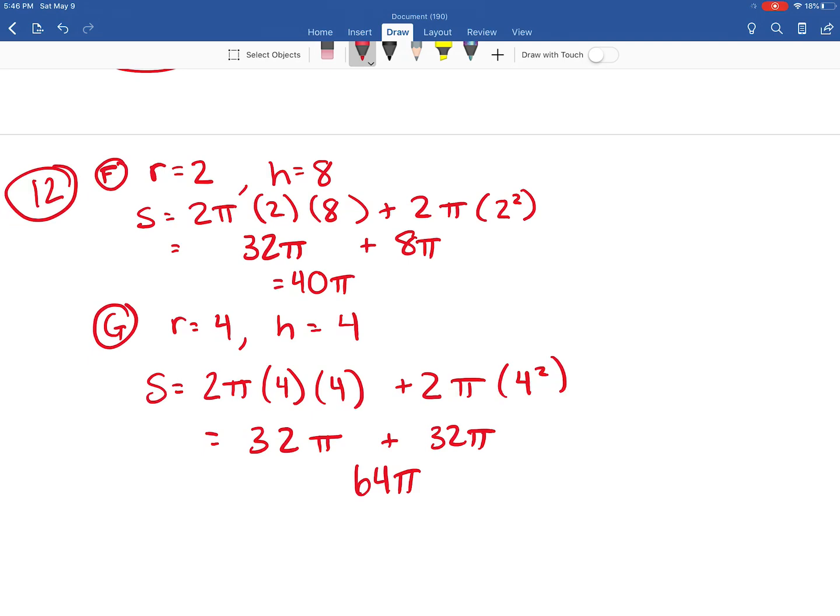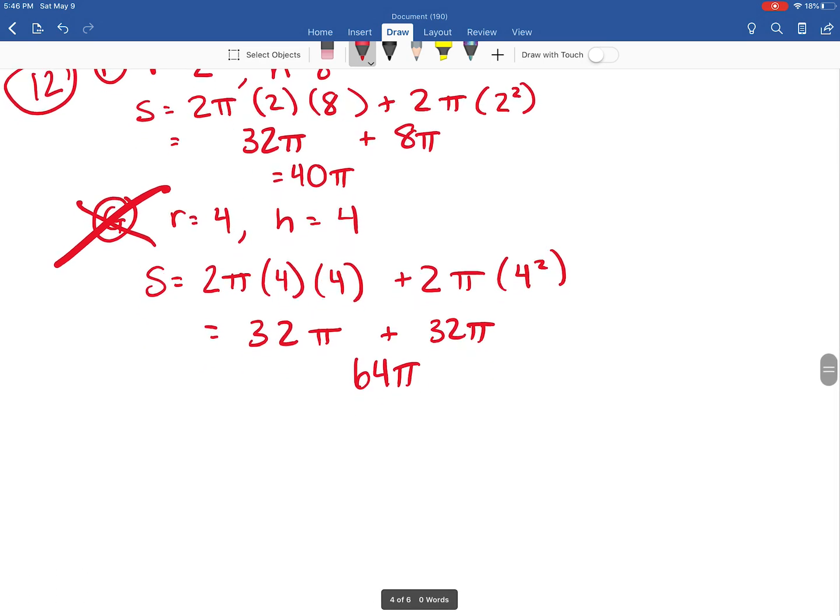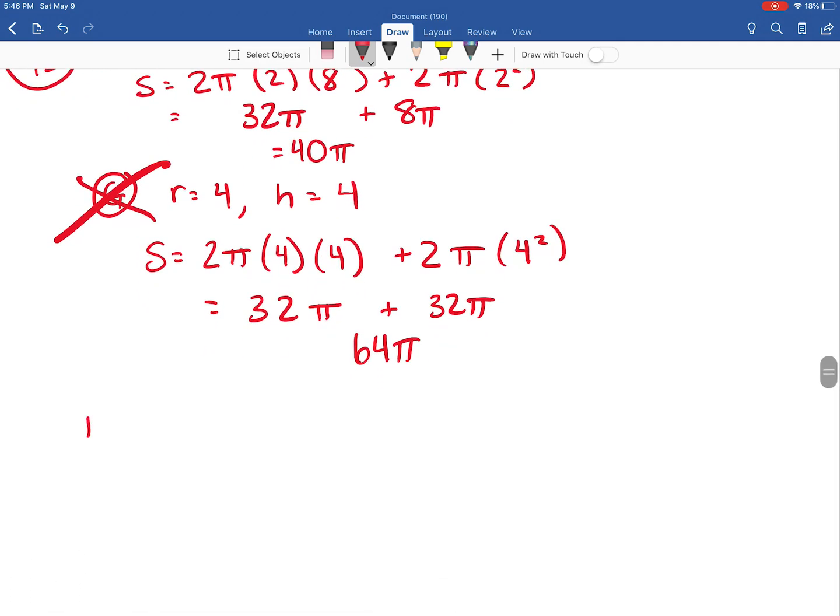Add them together, I get 64 pi. Remember, we're looking for the least. So this one's already out because F is smaller than G.